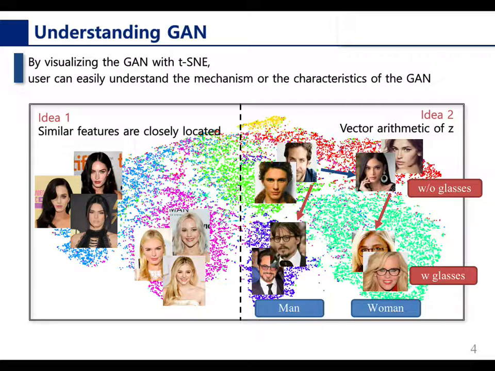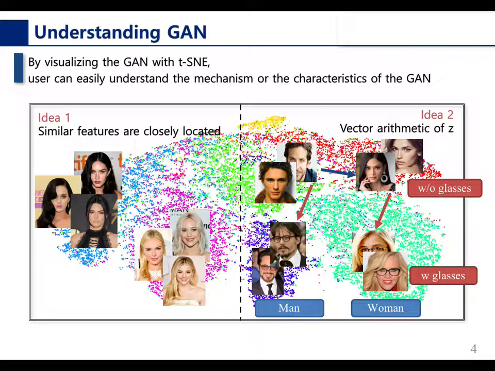Is there any question? The dots in there are basically random, right? Yeah, it's a random uniform distribution. Don't you have to know what the generator generates before visualizing it?